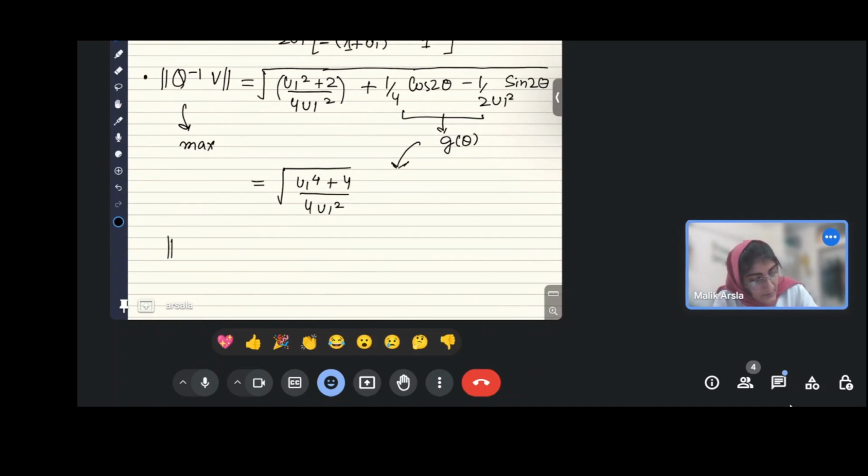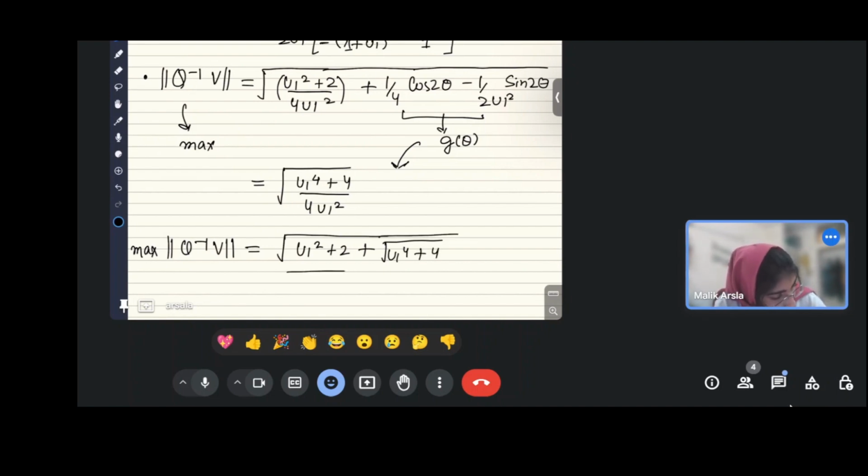Then putting it in here, the max of the norm of q inverse v will be equal to u1 square plus 2 plus under root of u1 to the power 4 plus 4 upon 2u1.